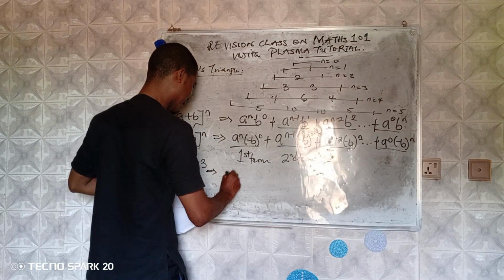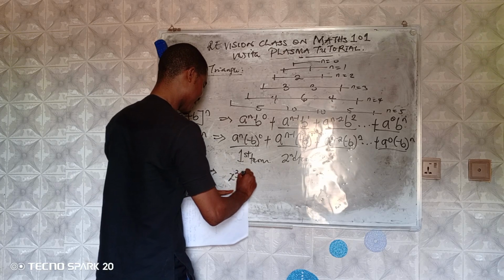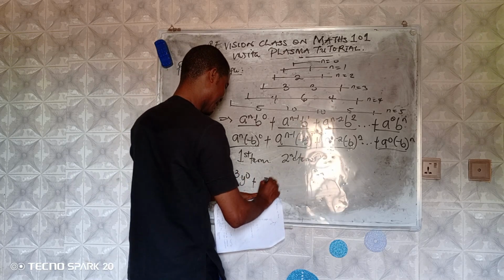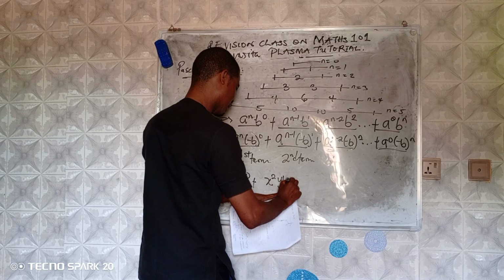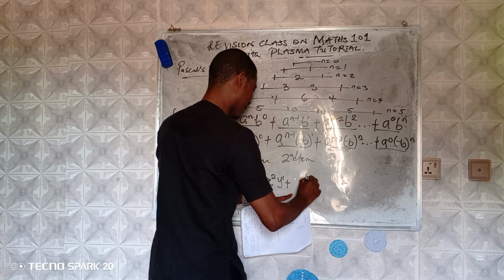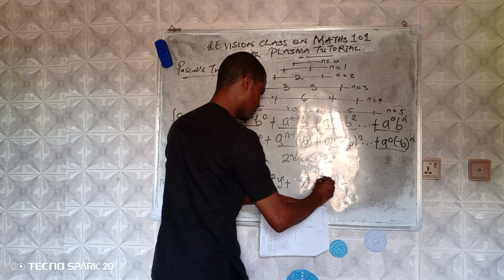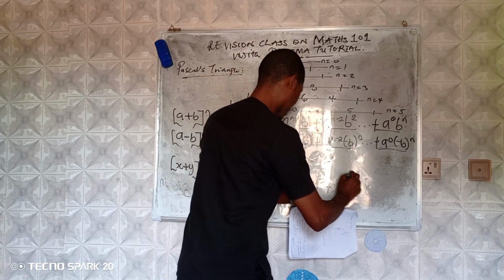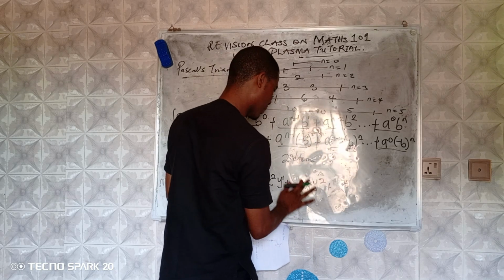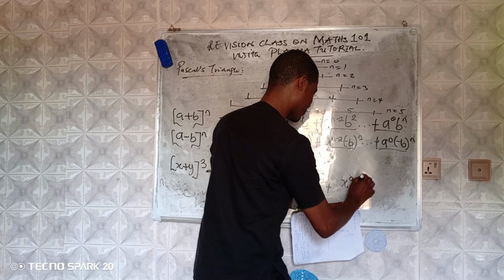So I have x^3 y^0, plus x^2 y^1, plus x^1 y^2, plus x^0 y^3.